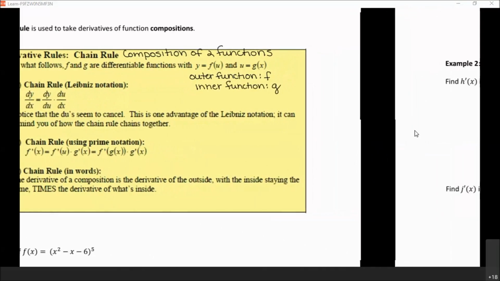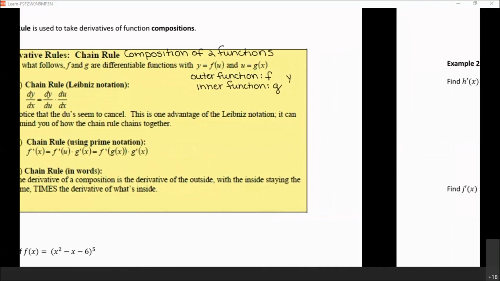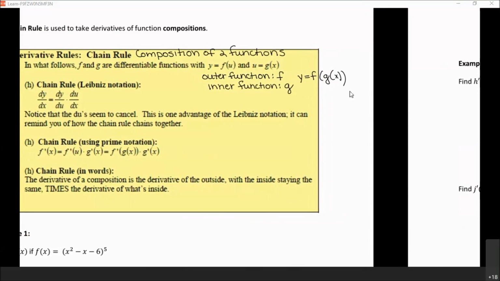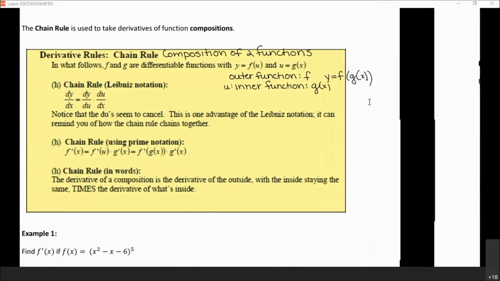So this is like saying y equals f of g of x. Everybody kind of get that? They're introducing this other variable u to make it clear that u is your inner function. So u is the inner function g of x. Everybody good with that?